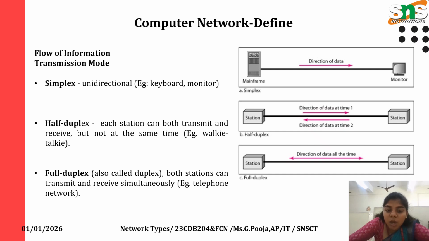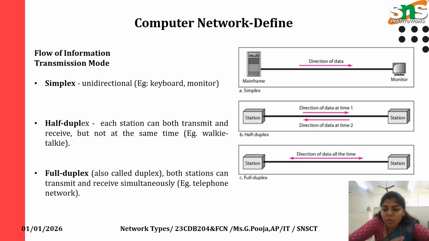When it comes to half duplex, each station is capable of sending and receiving data, but something is different from simplex. Here either one station must send and the other should receive. For example, say station 1 is sending and station 2 is receiving.